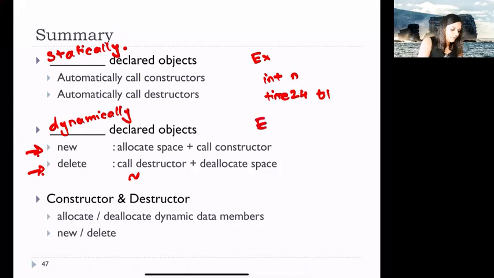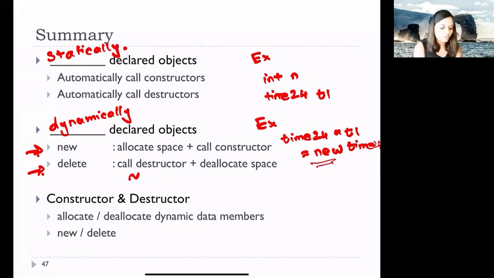For example, your dynamically declared object can be something like Time24 class pointer t1 equals new Time24. So the key to identify a dynamically declared object is the keyword new. And when you have new, you need to have delete, and the destructor in which you delete the memory space occupied by pointers is identified by the tilde operator.